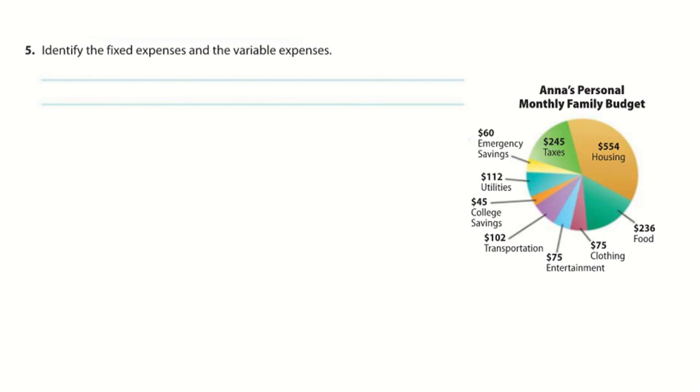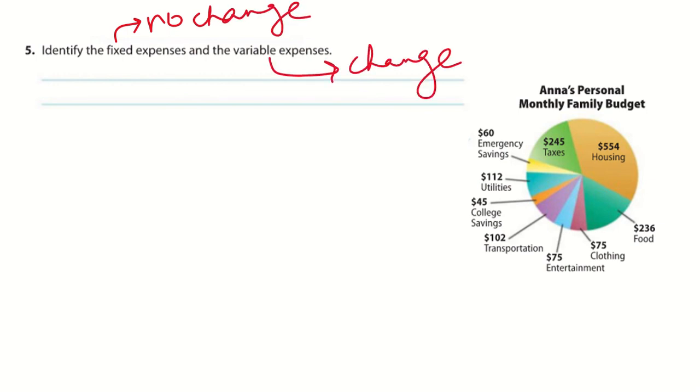All right, moving on. Identify the fixed expenses and variable expenses. Okay, remember, fixed means they don't change. No change, right? Month to month, there's no changes, they stay. Variable means it does change. That was the definition.